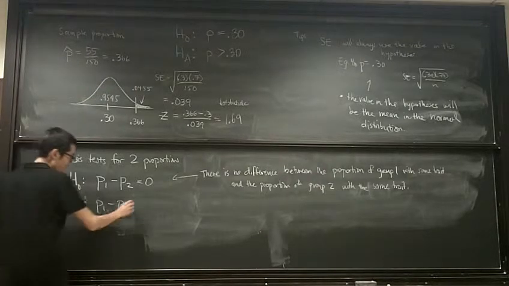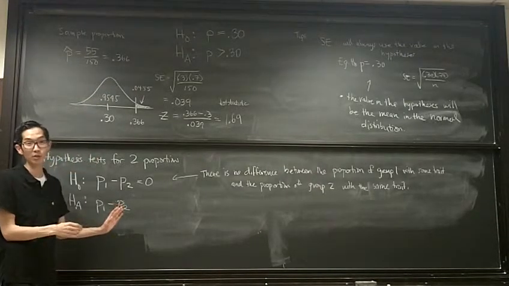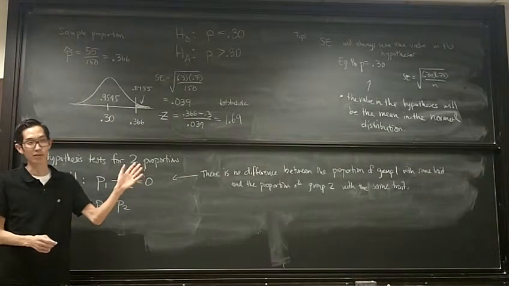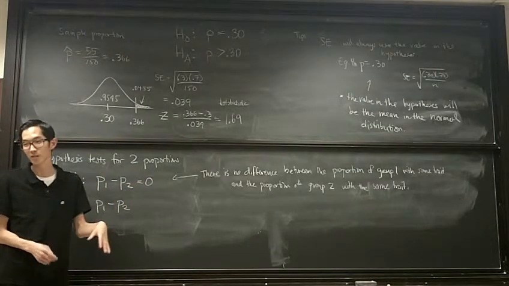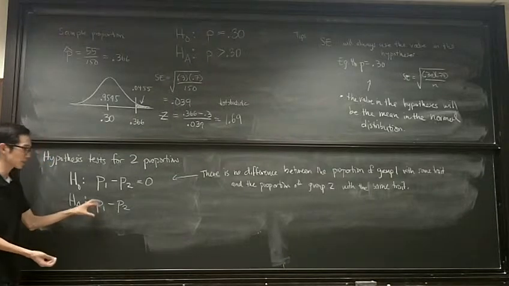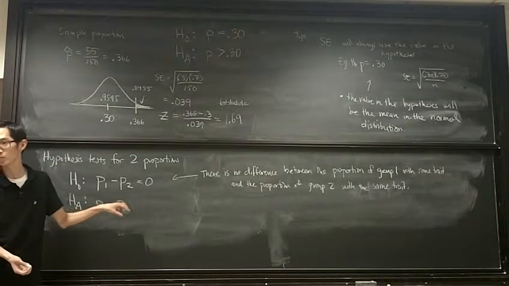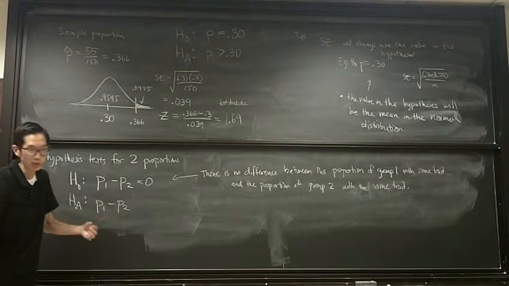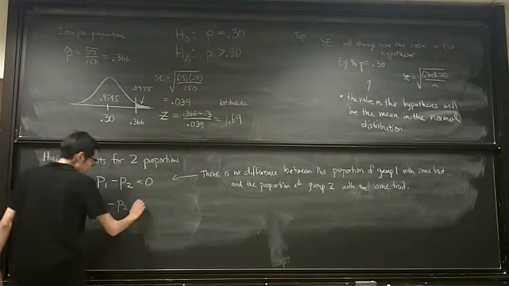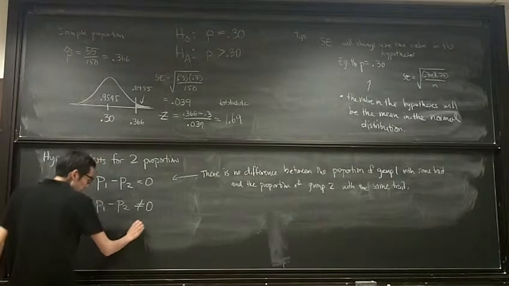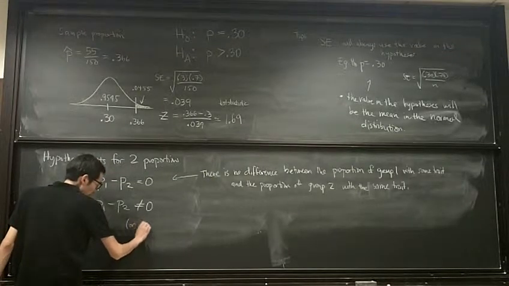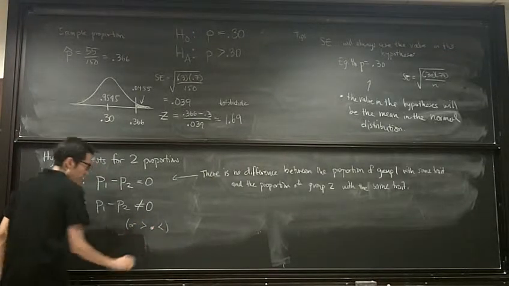Not equal. Okay, so by saying not equal to, we are not sure whether it's men or women who like it more. By using greater than, we're suspecting that group 1 likes it more, and by using less than, we're saying group 2 likes it more, or whatever trait we're looking for. Okay, so not equal to 0, or greater than, or less than.